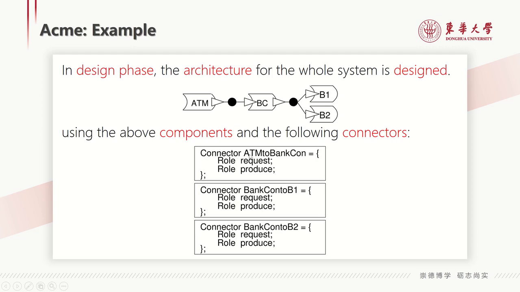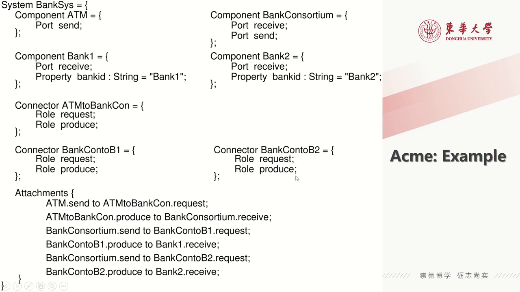So the connector ATMToBankCon has a role called request and another role called produce, and the connectors BankConToBank1 and BankConToBank2 also have two roles, a request and a produce. Okay.